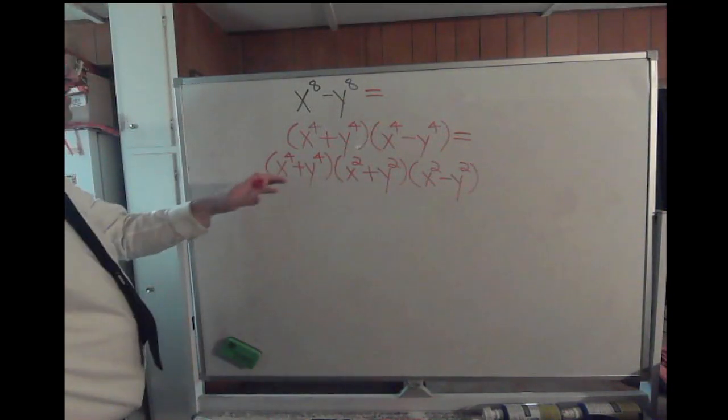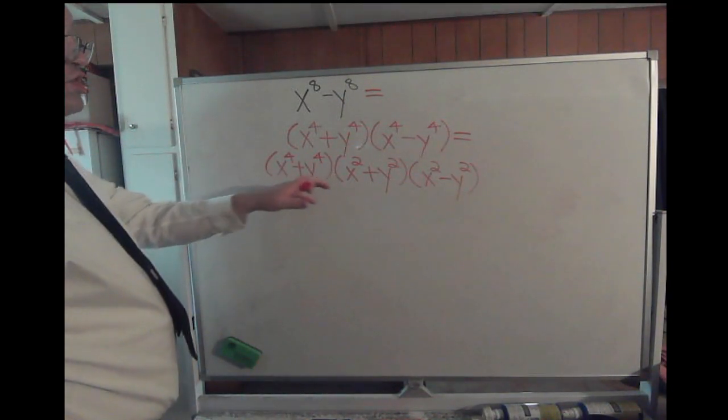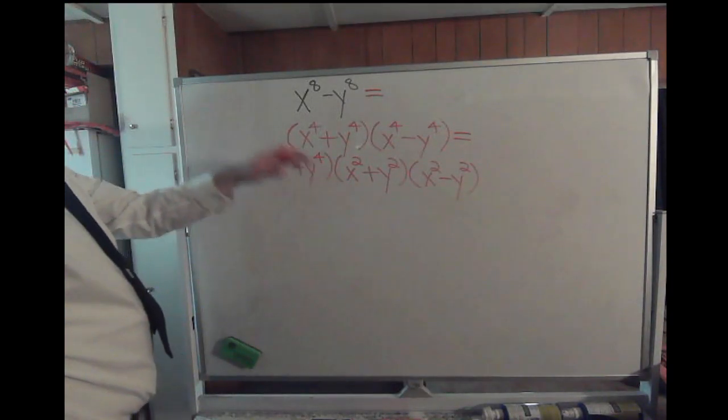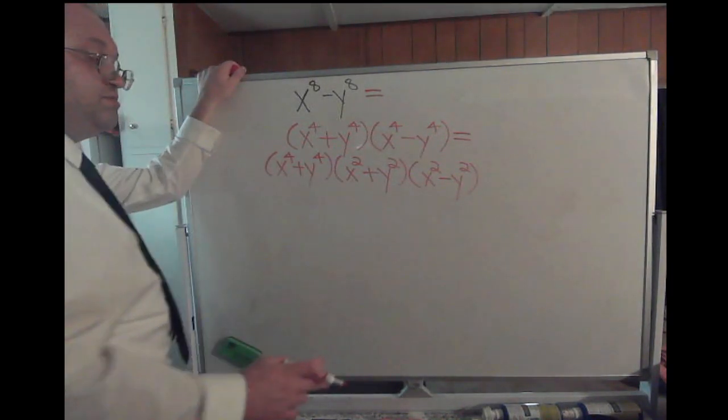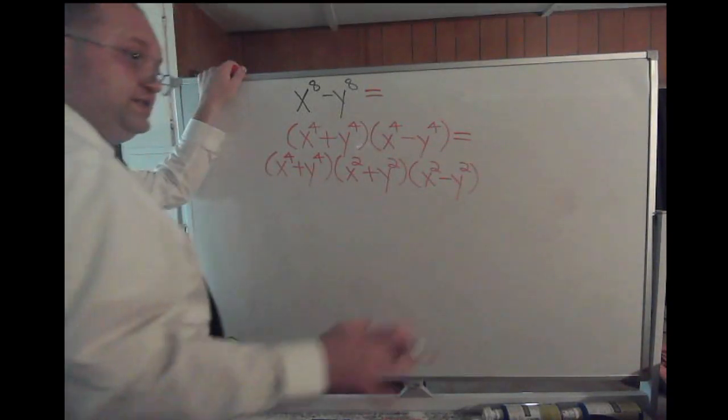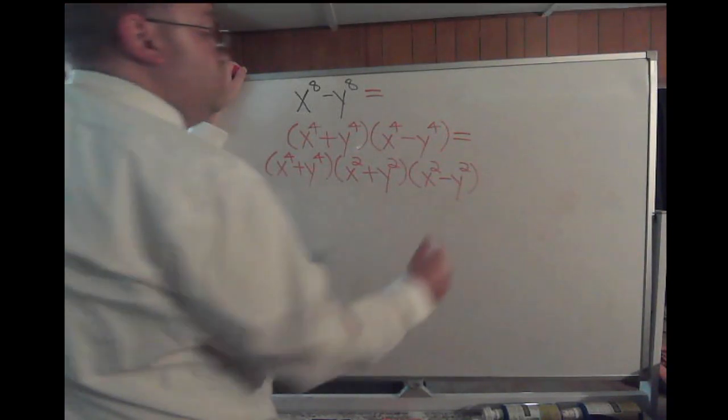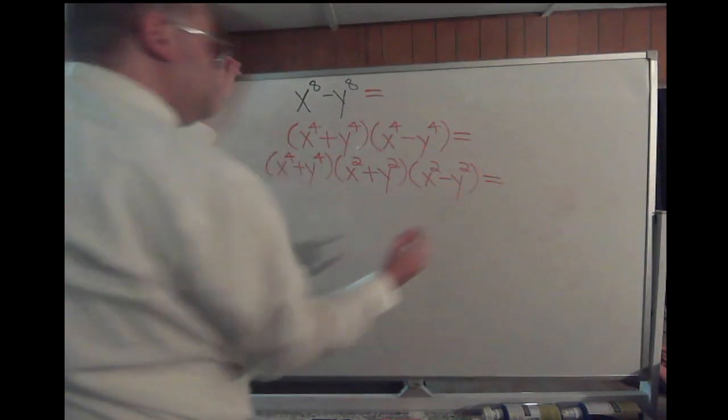Well, we can't factor the x to the fourth plus y to the fourth. We also can't factor x squared plus y squared. But we still have a difference of two squares where we have x squared minus y squared. We can definitely factor that.